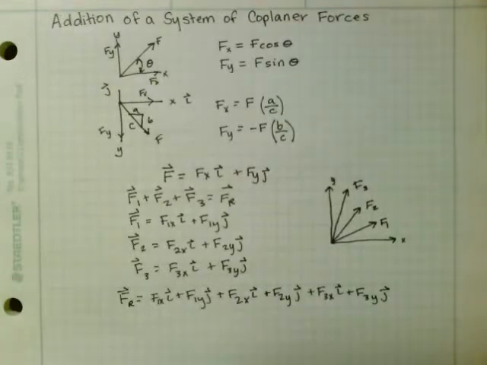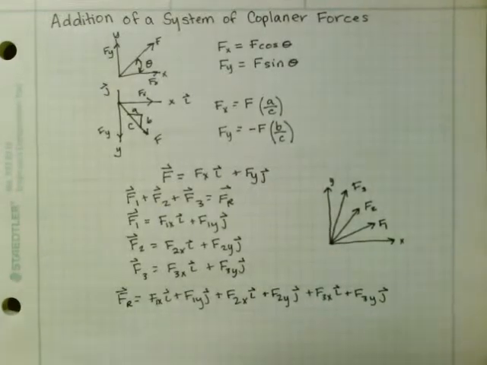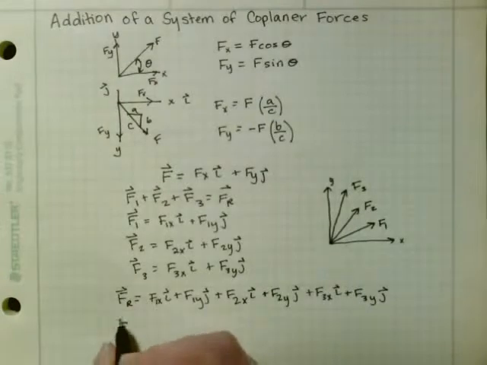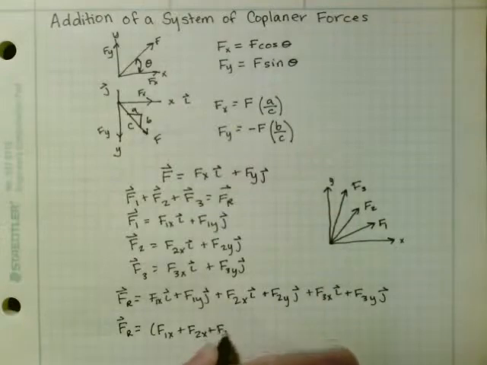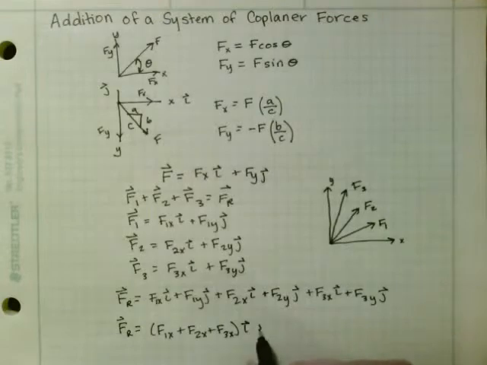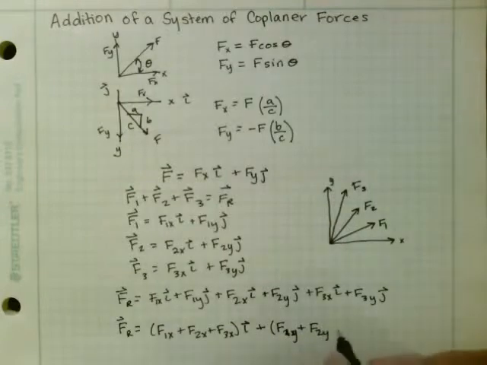So now combine like terms, all of the i's. So we would get FR is equal to F1x plus F2x plus F3x multiplied by vector i, plus the scalar F1y plus F2y plus F3y multiplied by the vector j.